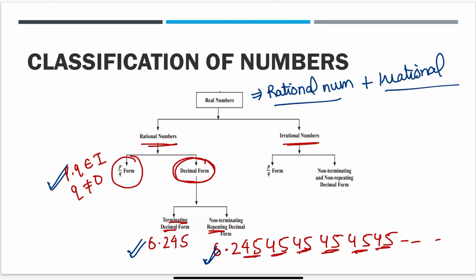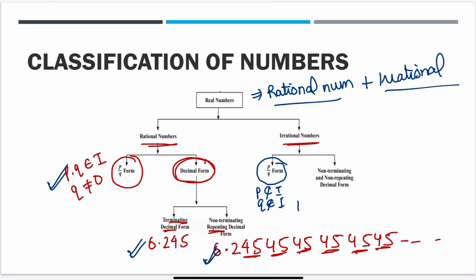Now let's see. If you see irrational, it says it can also be p by q form. Why? We have just understood p by q form is always a rational number. No, here the difference is, either p is not an integer or q is not an integer, some definition is not getting satisfied.